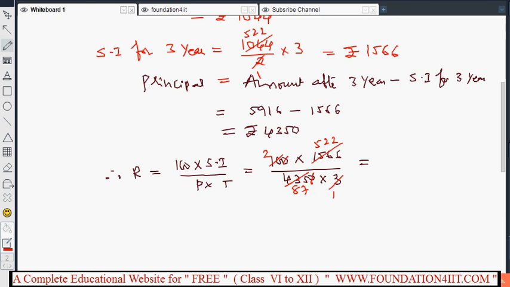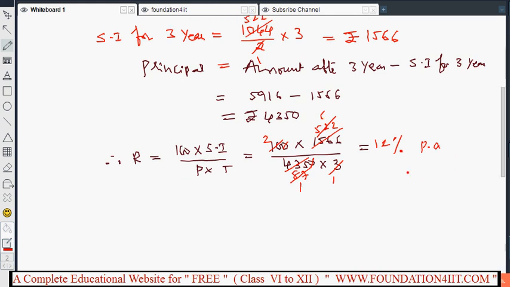Now 87, 6 we can take this. So 12%. However the cancellation is easy for you, you can cancel. That is 12% per annum. Right? So the required sum is 4350 and the rate of interest is 12% per annum. In this way we can find out the problems according to the given data.